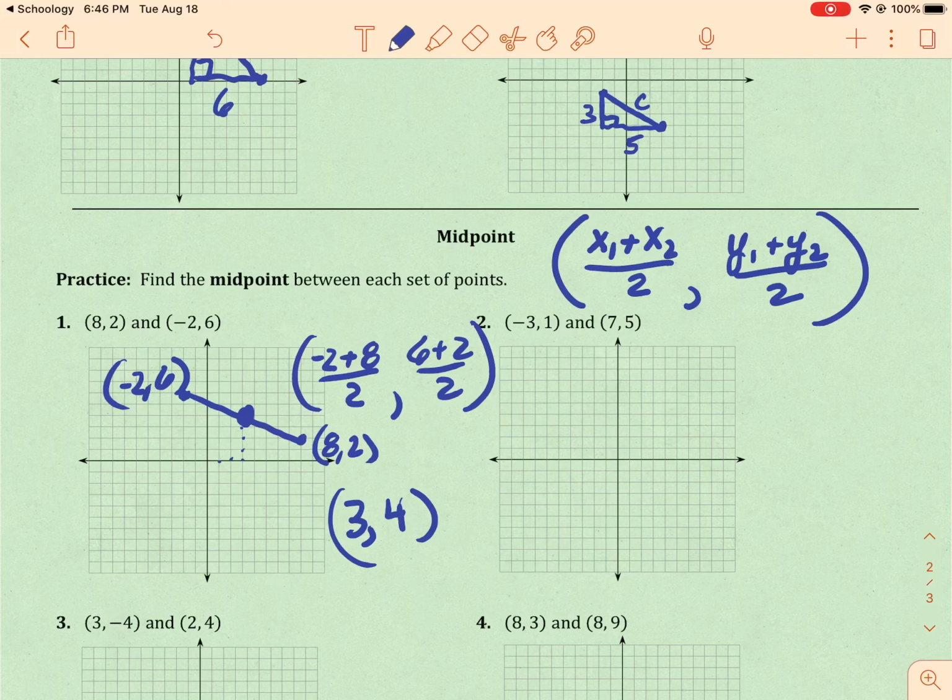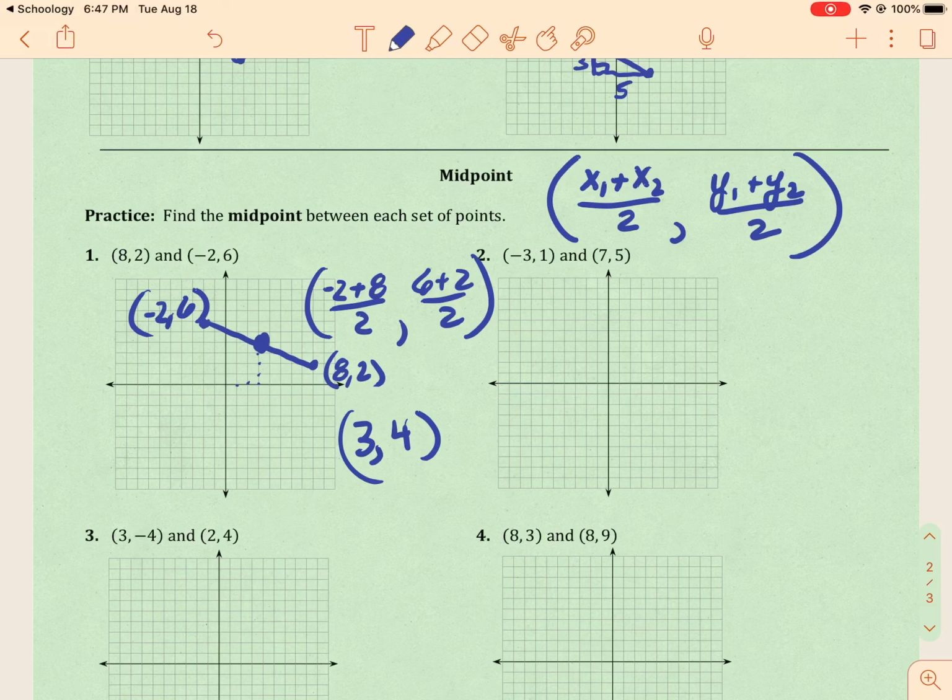Got to make sure you know the midpoint formula, but here's another way to kind of help you with it. If we plot these points, negative 3, 1, we're getting right there. And then 7, 5, is right there. To find what's directly in the middle of there, think about these x values on a number line.